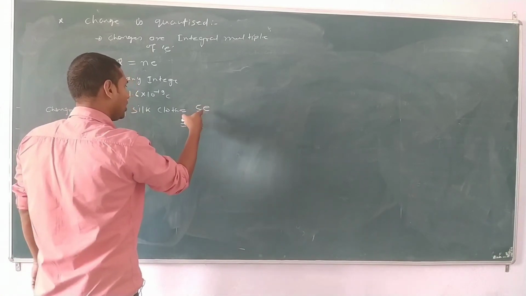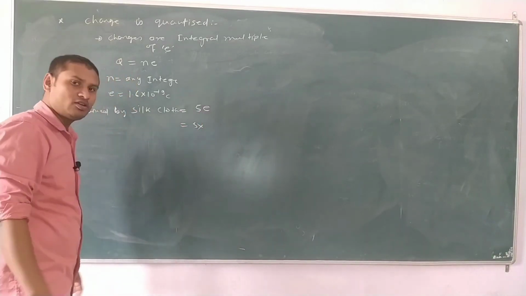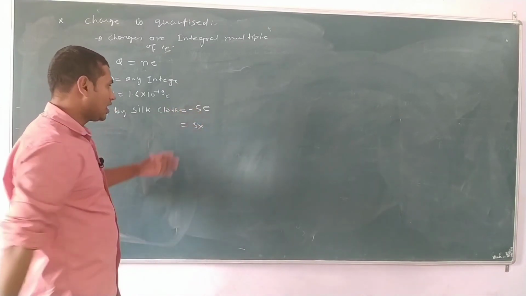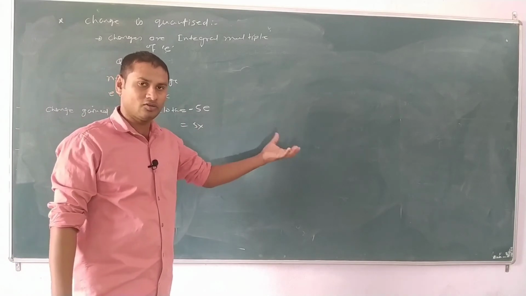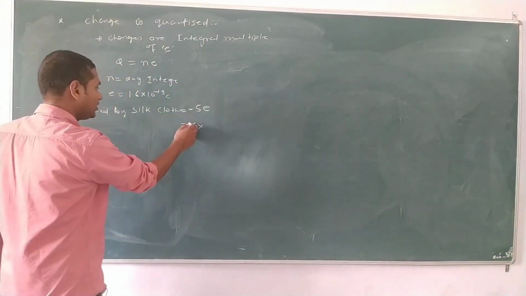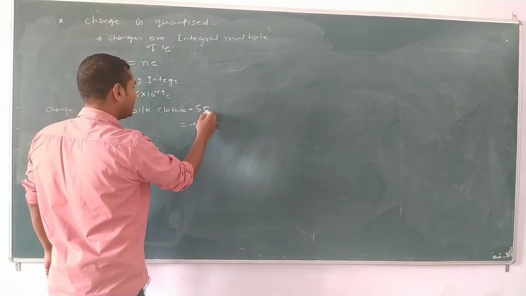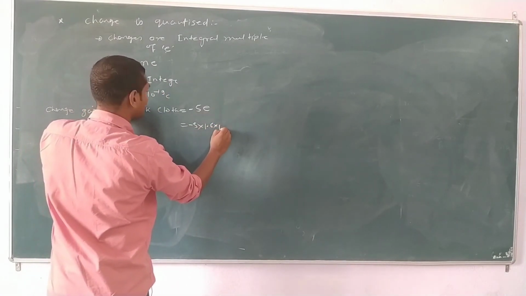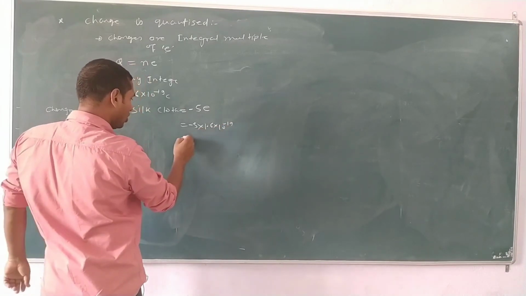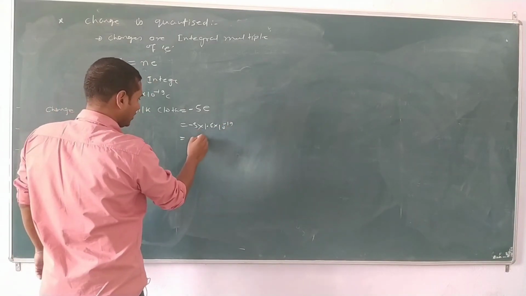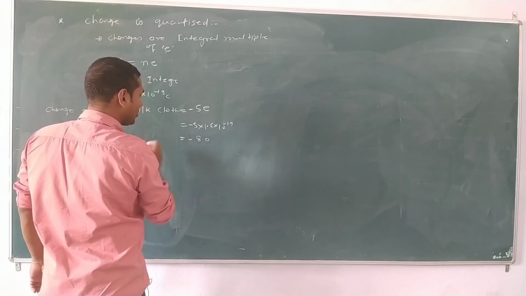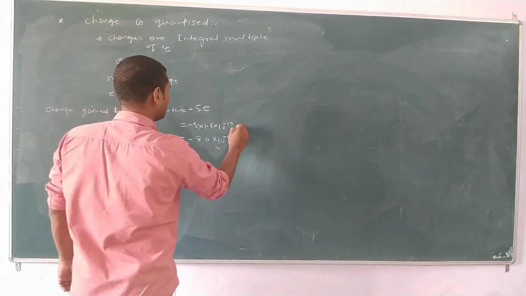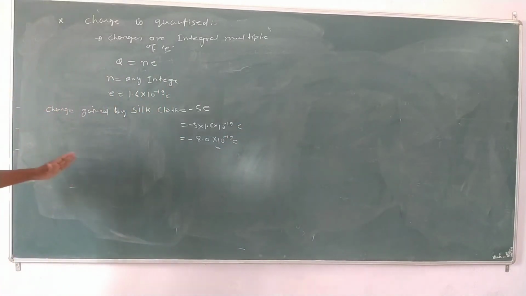The charge on an electron is negative, so the charge gained by the silk cloth is minus 5e. With e = 1.6 × 10^-19, it becomes minus 8.0 × 10^-19 coulomb. I think you are able to follow me up to here.